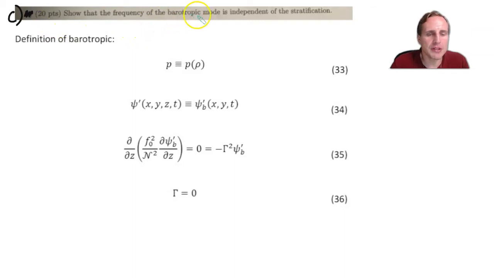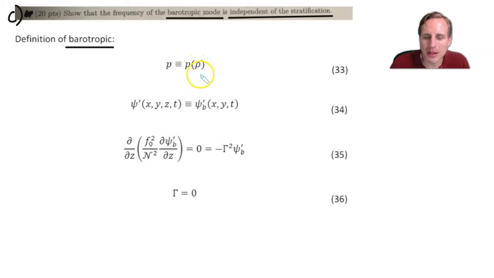Show that the frequency of the barotropic mode is independent of stratification. So, independent of stratification is a key phrase, and then we also want barotropic mode. Now let's see if we can talk about that. Let's define a barotropic atmosphere. The technical definition of a barotropic atmosphere is that the pressure is a function of density only.